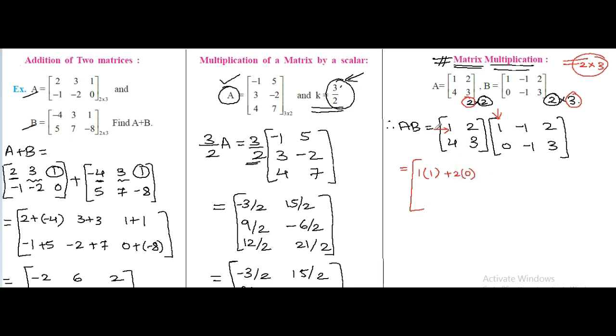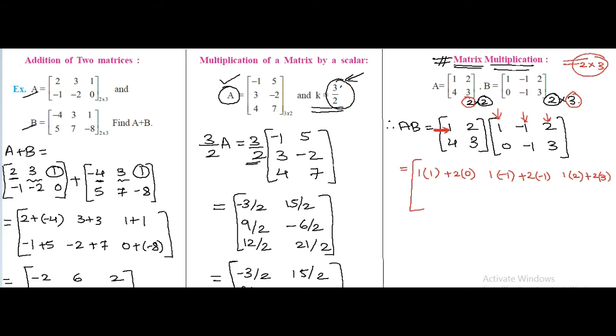Now again, first row, second column. So that will be 1 into -1 plus 2 into -1. Now again, first row and third column. It will be 1 into 2 plus 2 into 3. Now the first row is done with all the columns.